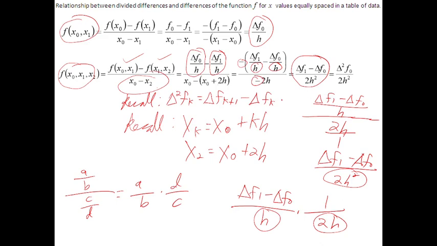That is the formula. If k is 0, delta squared f sub 0 is delta f1 minus delta f sub 0. That's it, that's how we got that.